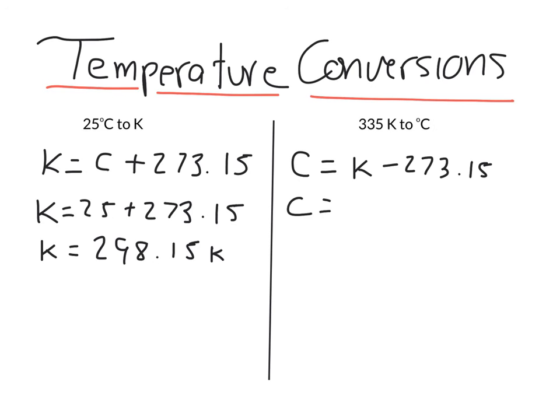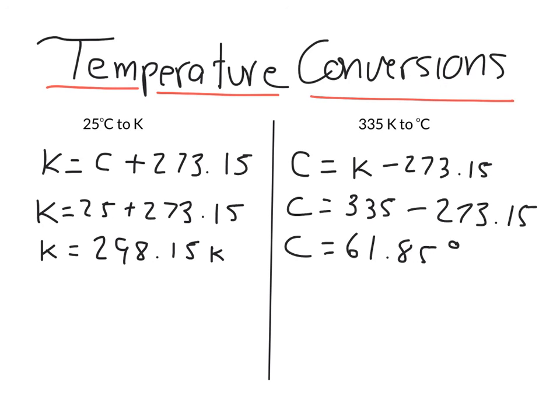So to do it, simple, you start with the number you have, 335 Kelvin minus 273.15, and you get 61.85 degrees Celsius. Okay, there it is.